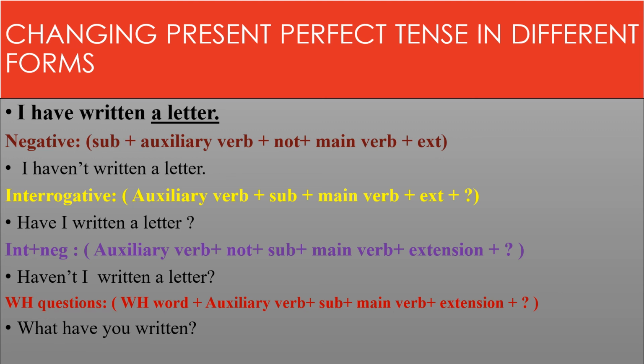So for a letter, what WH word will come, and before the subject you have to write auxiliary verb, because it is present perfect tense and auxiliary verb is have and has. So: What have you written? This is the WH word, and I is converted into you. It is the rule to make WH question. Okay, what have you written? I hope that you understand clearly.